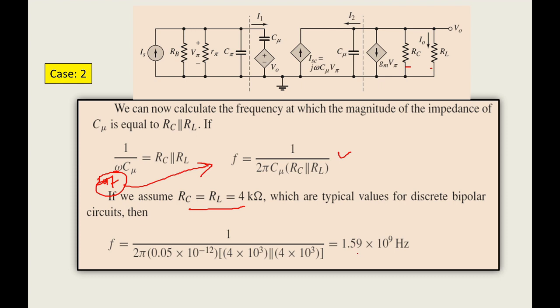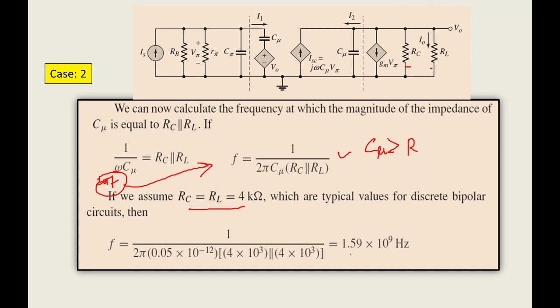This is also far away from your working frequency, which is in terms of megahertz, but this is in terms of gigahertz. So the reactance of C mu will be greater than the load resistance R C parallel to R L when it is working at frequencies below this.